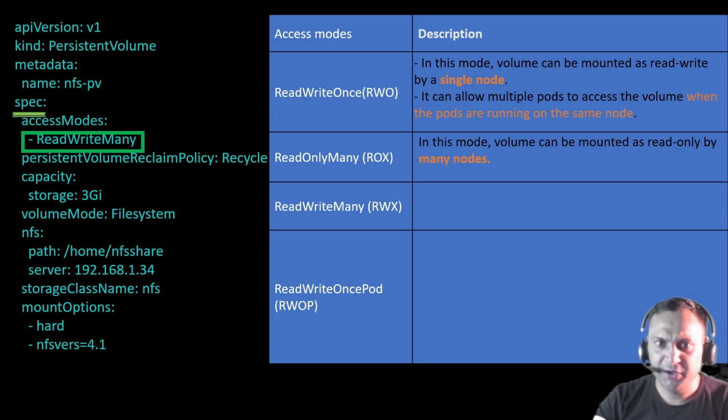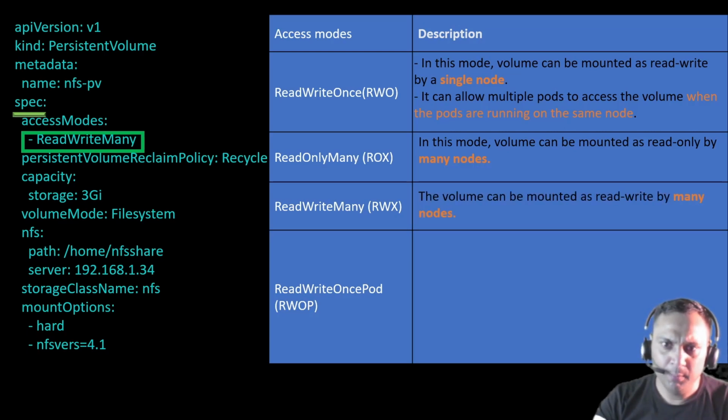The third one is ReadWriteMany. The volume can be mounted as read-write by many nodes. So what's the difference between read-only and read-write? Volume can be mounted as read-only by many nodes, but here read-write by many nodes.